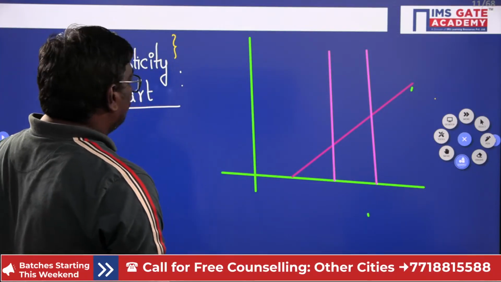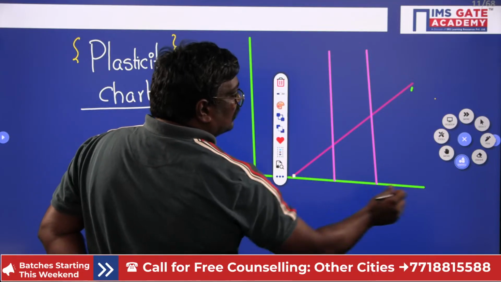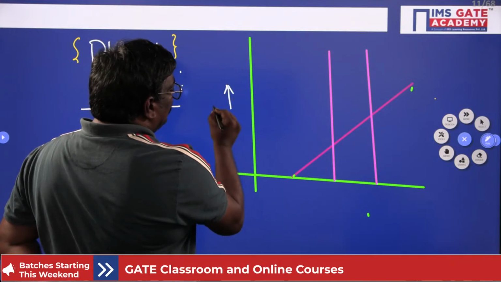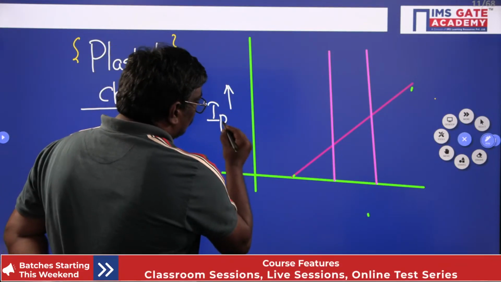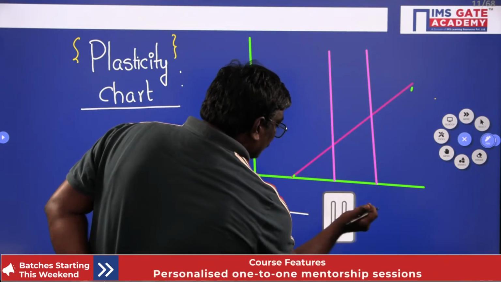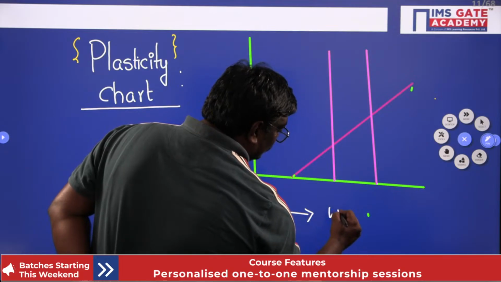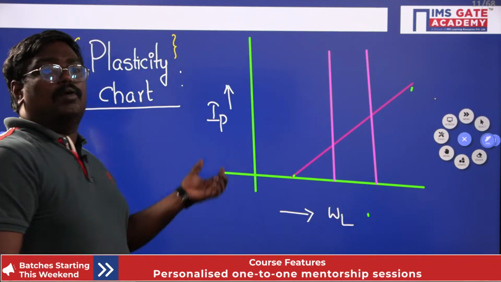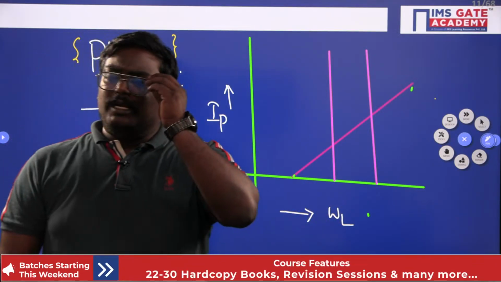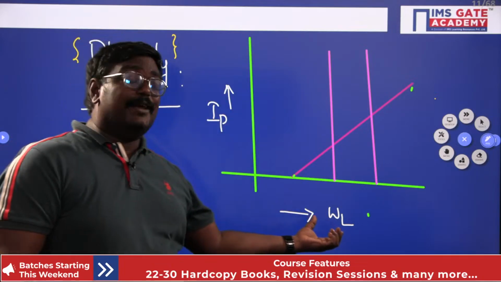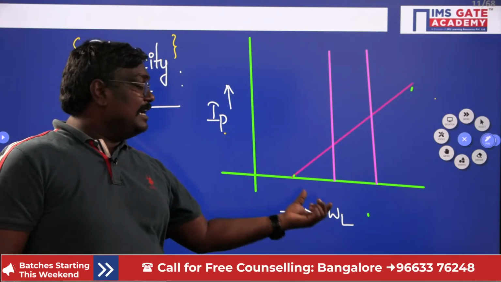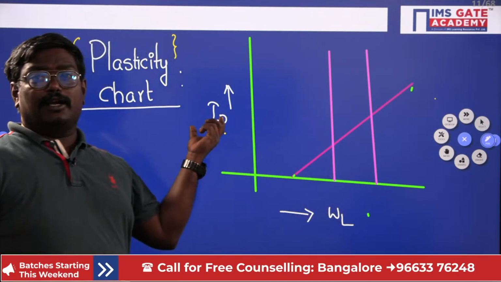We call it the plasticity chart. The plasticity chart is drawn between plasticity index and water content. You can write water content or liquid limit. It's a graph drawn between IP, plasticity index, and liquid limit. See, students, always I told you the independent quantity will be on the x-axis and the dependent quantity on the y-axis.